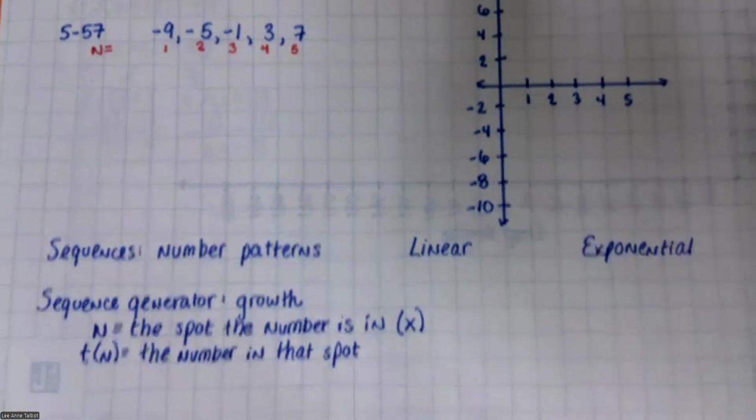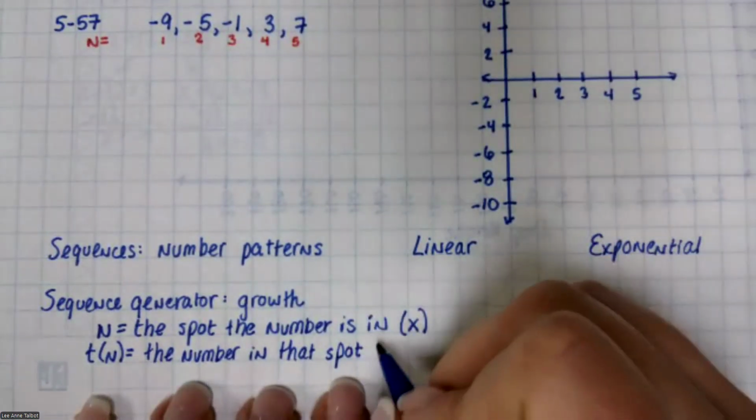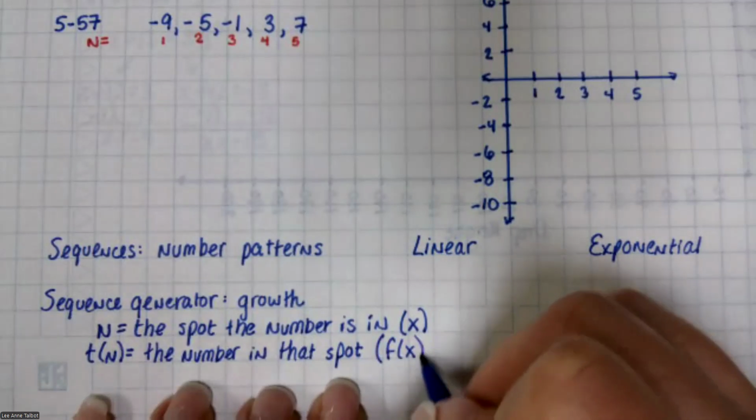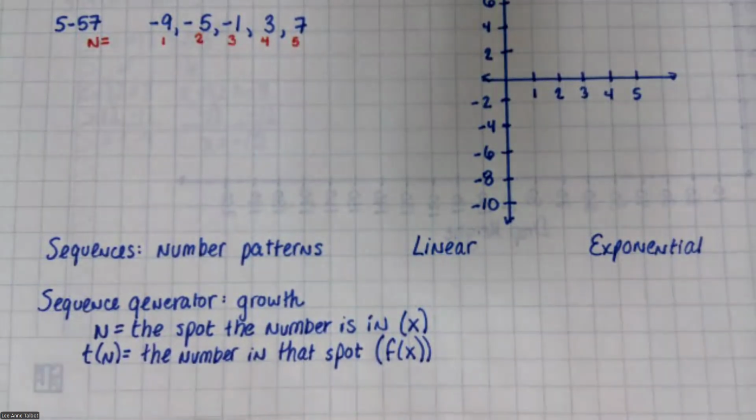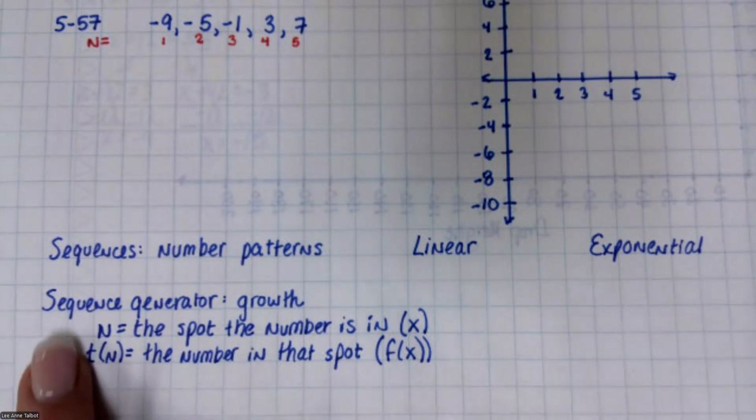T of N is the number in that spot, which before now we have called f of x or y. So basically, all of the problems that we do here, we've been doing all year. It's just that they're going to have different letters in them.